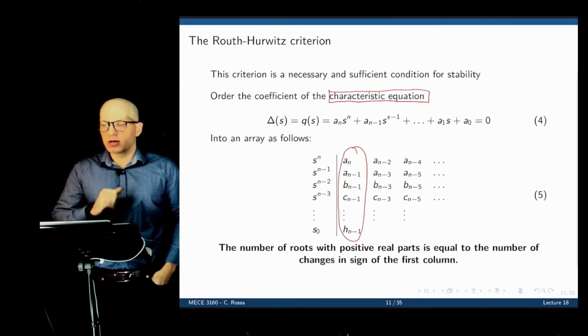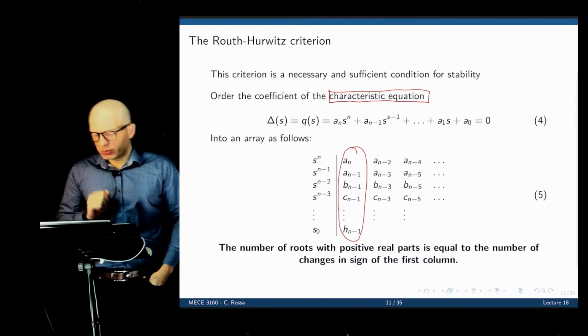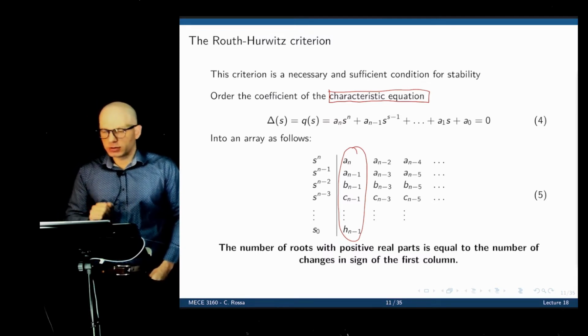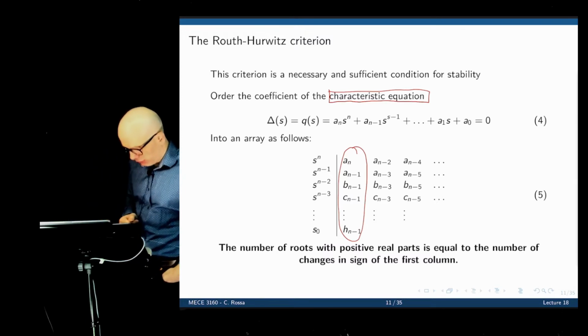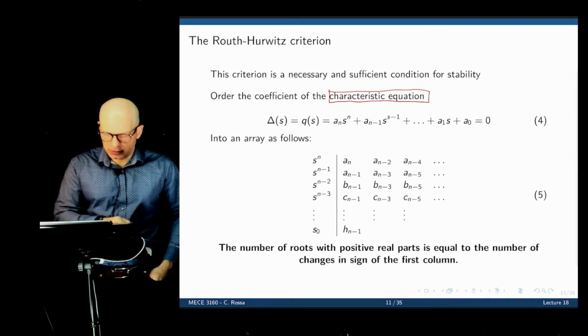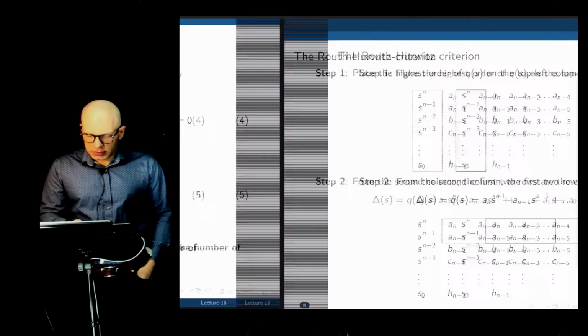It must be all negative or all positive. The number of roots with positive real parts equals the number of changes in sign in the first column. Now, of course, you need to figure out how to fill out this matrix, but you'll see it's relatively simple. And this is the Routh-Hurwitz stability criterion.